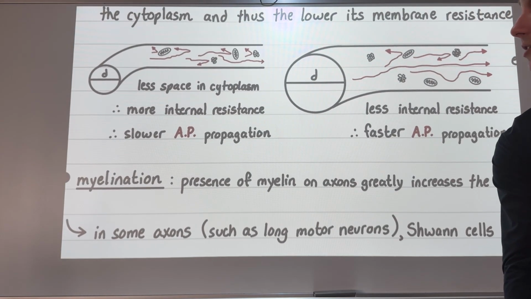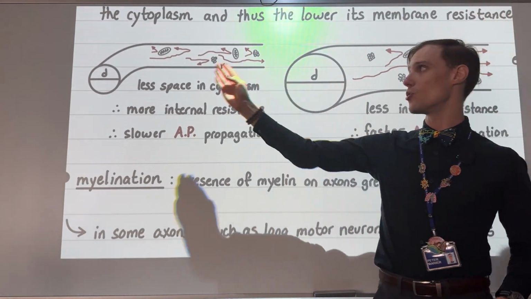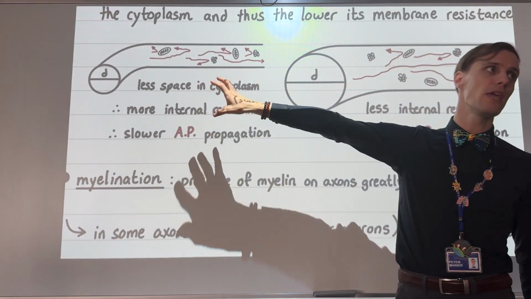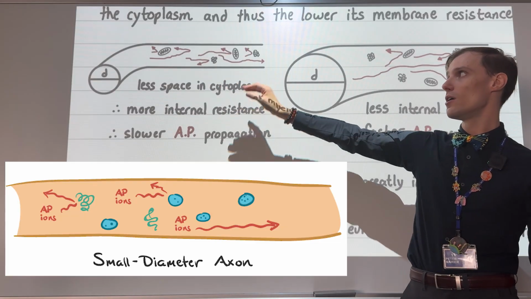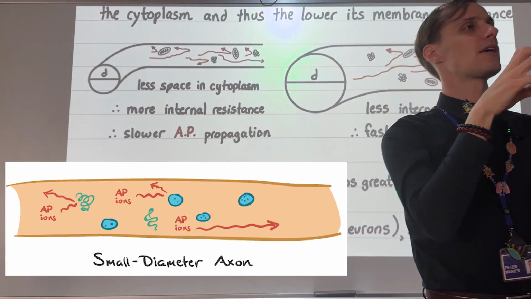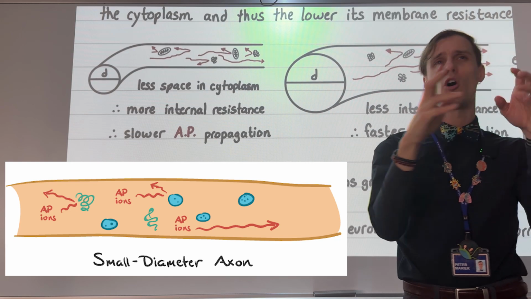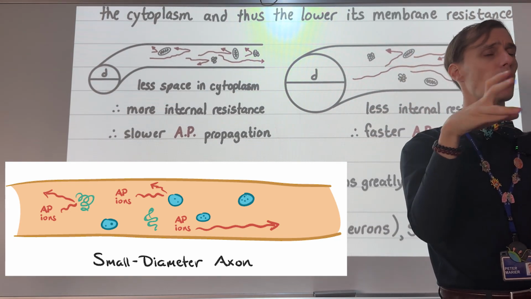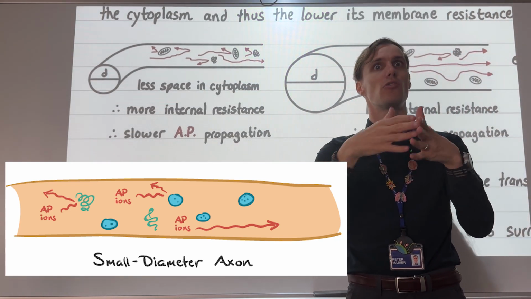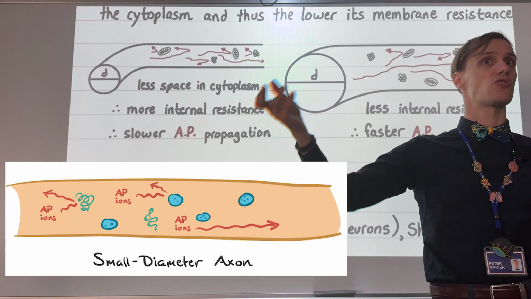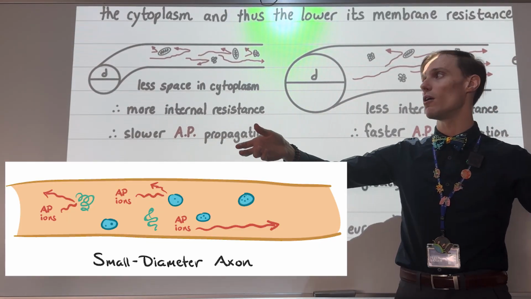Let's consider two different kinds of neurons here, and I've shown the diameter here. In the axon with the smaller diameter, there's physically less space within the cytoplasm, right? There are all these organelles all over the place. The organelles aren't only found in the soma, they're also found throughout the axon. So there's stuff all over the axon as well.